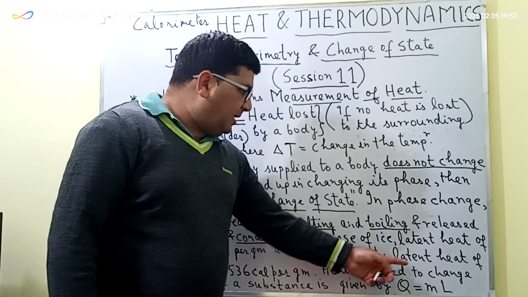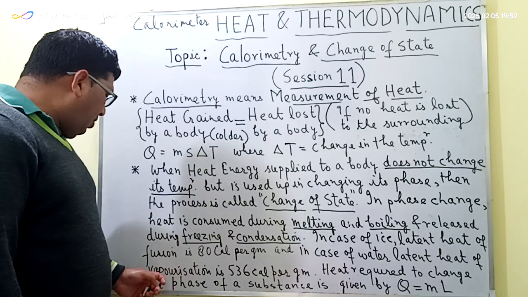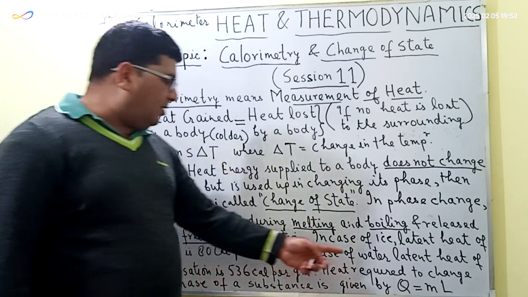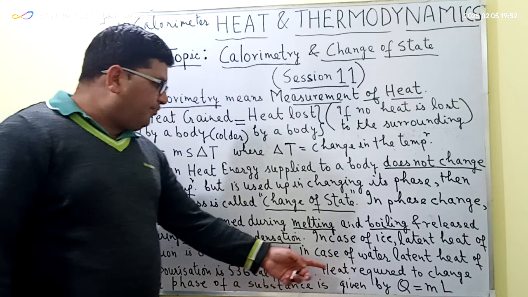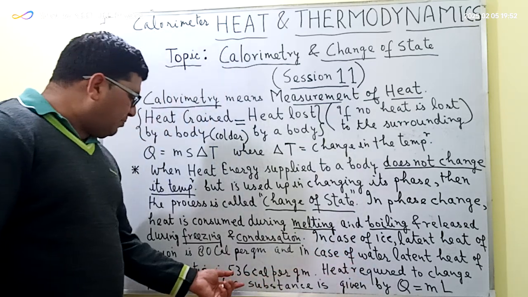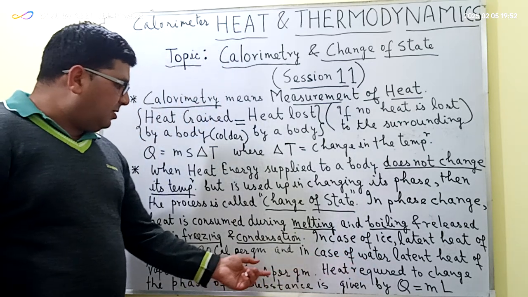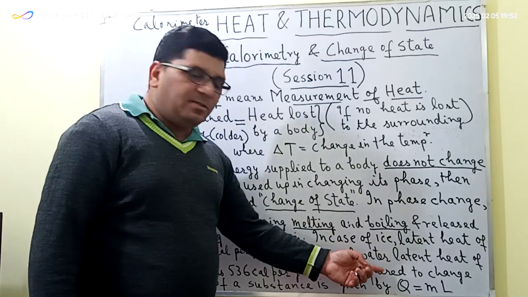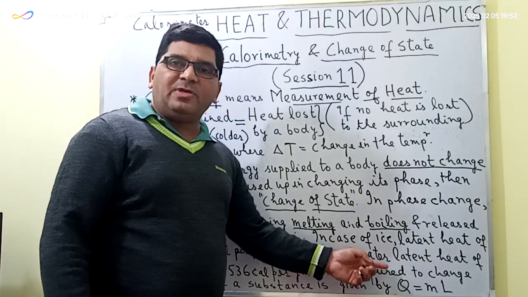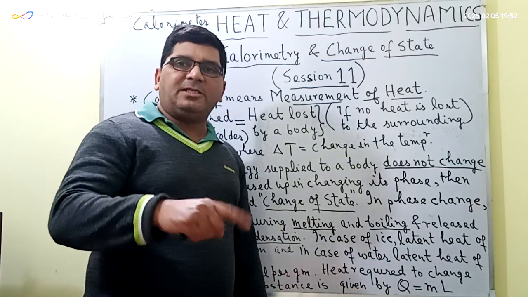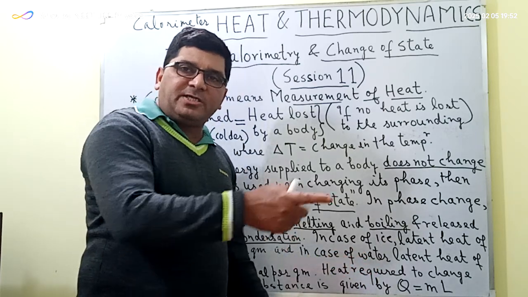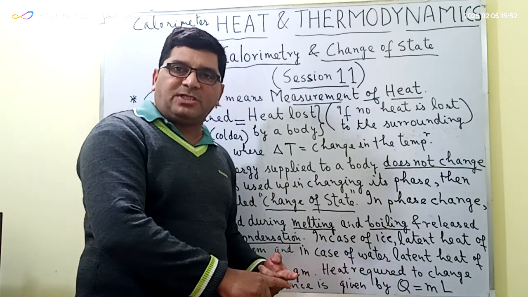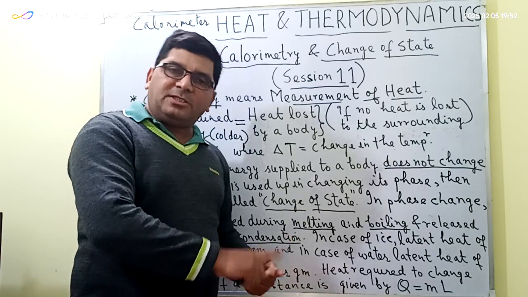Similarly, the latent heat of vaporization of water is equal to 536 calorie per gram. It means that if I supply this much heat energy to the boiling water, then the boiling water will get converted into steam at the same temperature. Here again there is a phase change, but the temperature is the same.